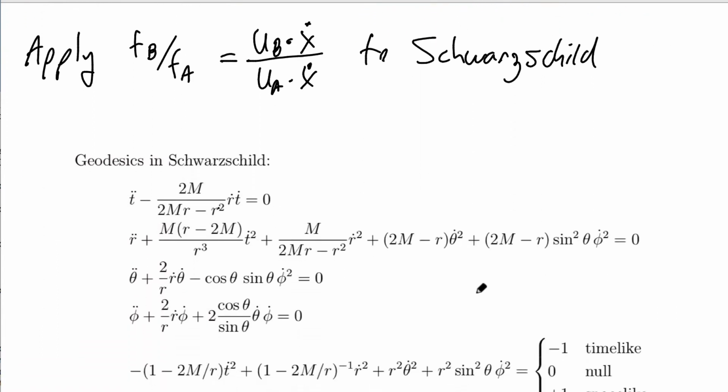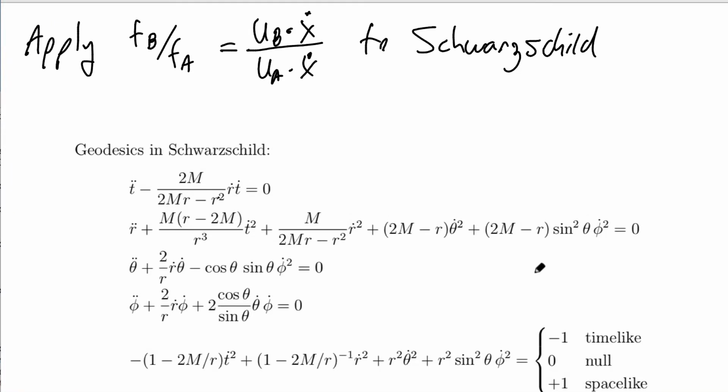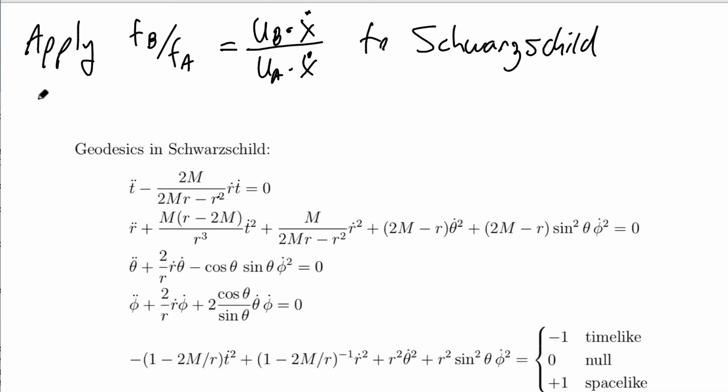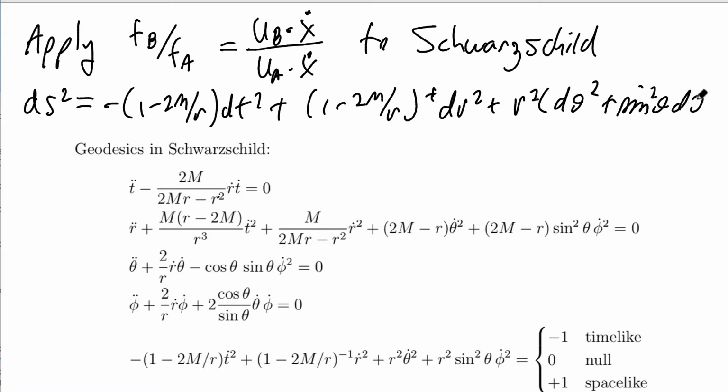So I've written out the geodesic equations here for Schwarzschild. Let me remind you that in Schwarzschild coordinates, the metric is minus (1 minus 2m over r) dt squared plus (1 minus 2m over r) inverse dr squared plus r squared times (d theta squared plus sine squared theta d phi squared).